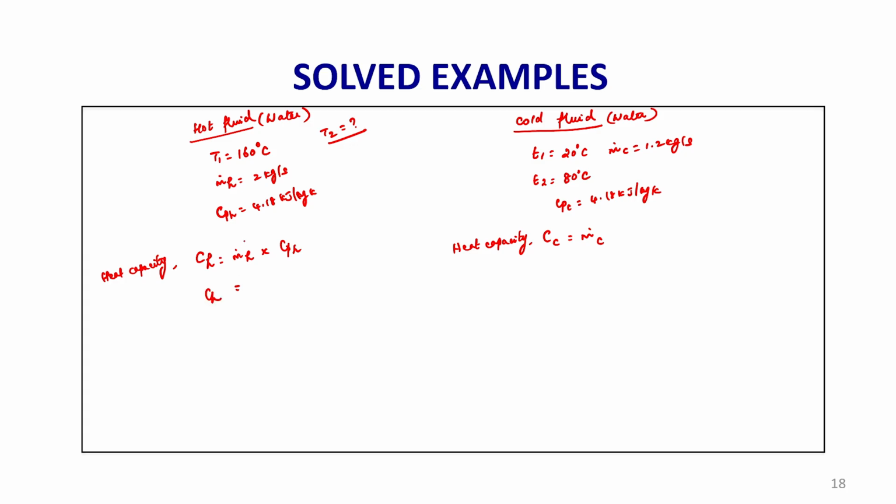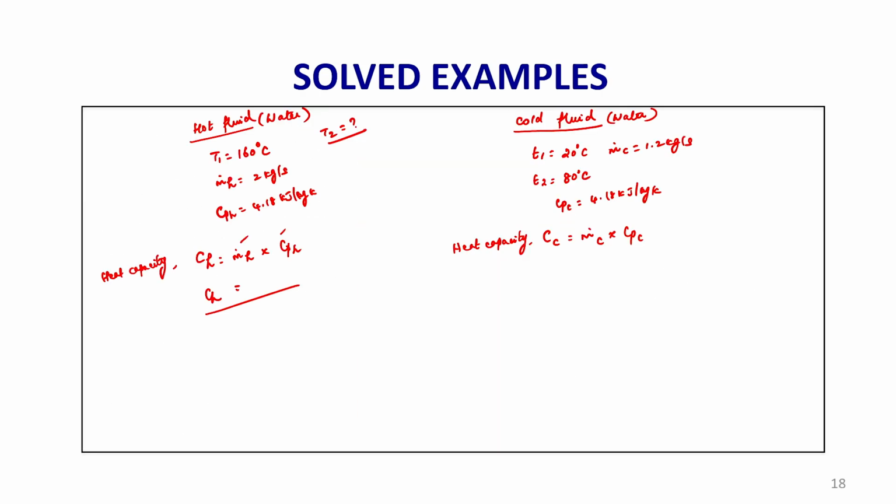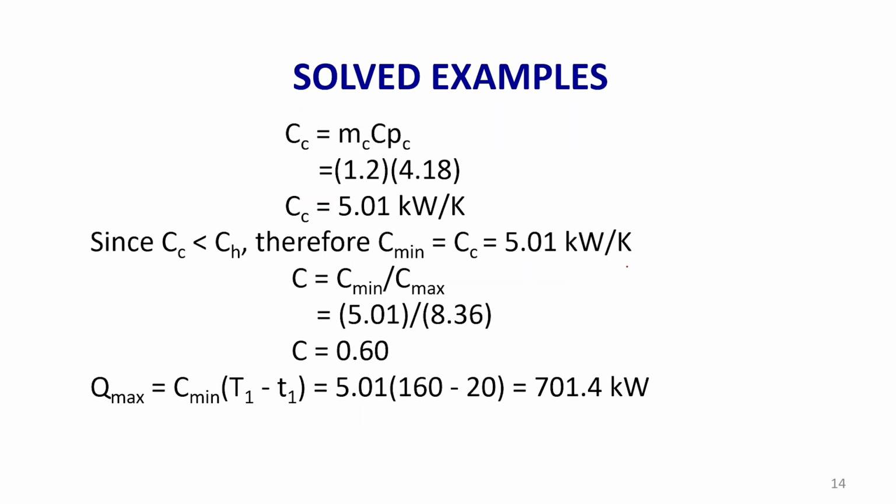So these values are known, so we can substitute and find C_h. The C_h value is 8.36 kilowatt per Kelvin. And these values are also known. So C_c is equal to the calculated value. I have given a detailed calculation for all the numerical questions, but simultaneously I am doing it so that it will be easy for the students to understand.